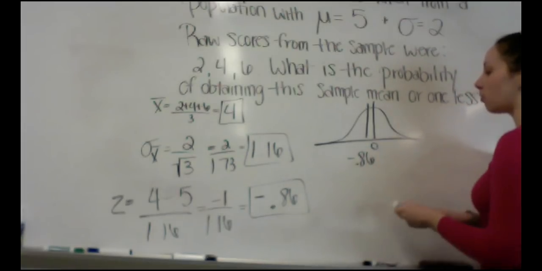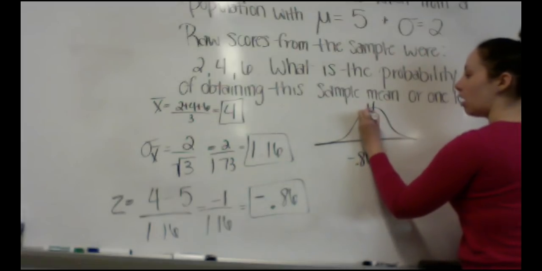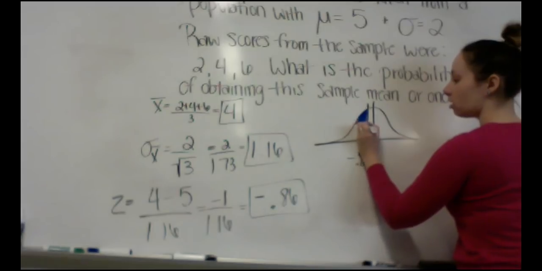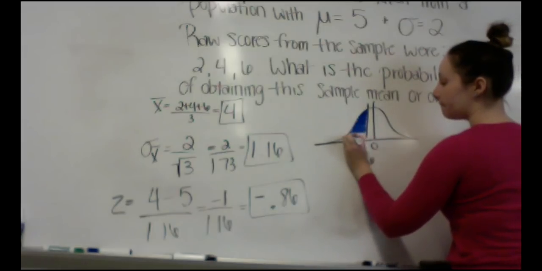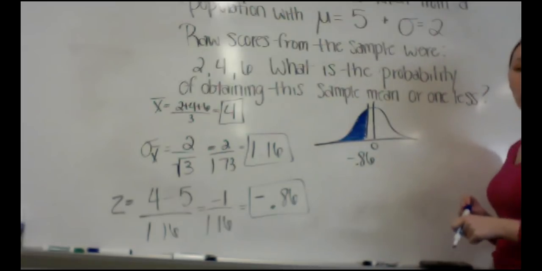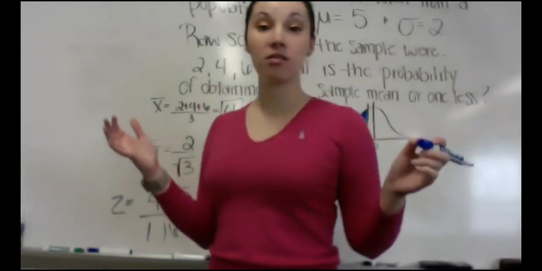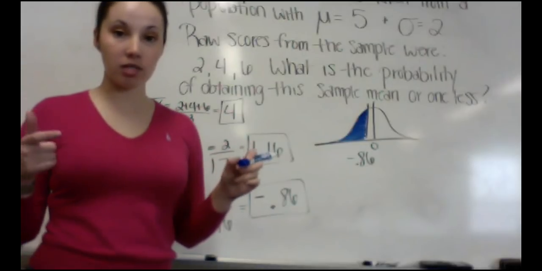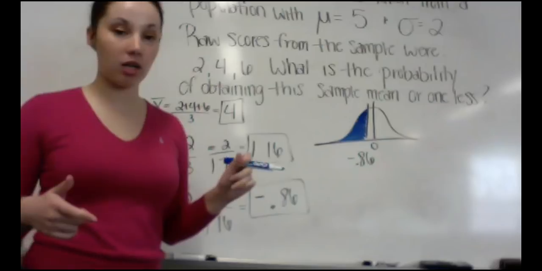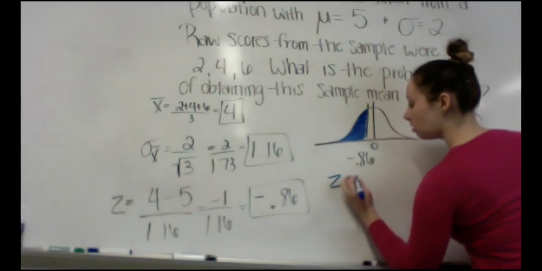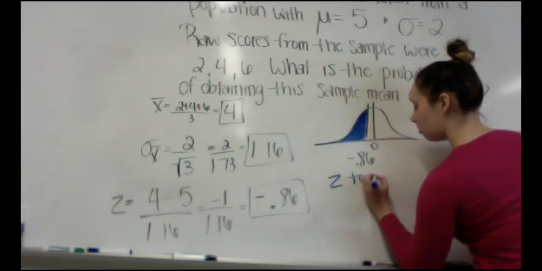So it's asking for everything to the left of the distribution here. And if you remember from our previous lecture, when it's asking for the ends of the distributions, the extreme, the appropriate column that we want from our z table is our z to infinity column. So z to infinity.